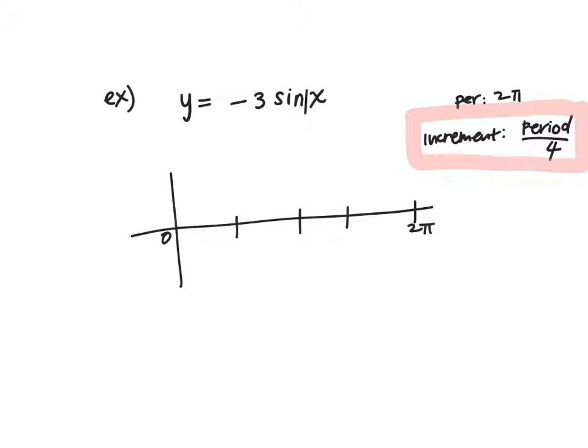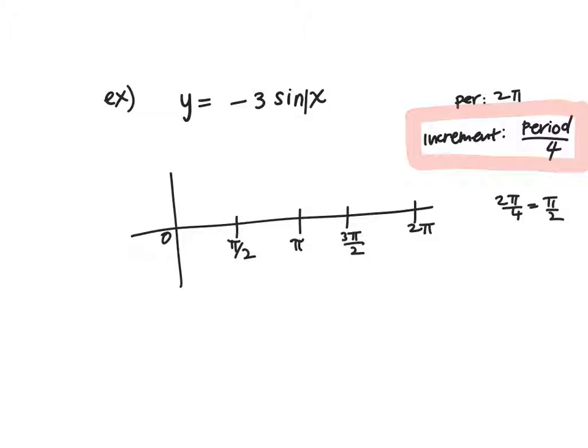In this case, it's just 2 pi divided by 4, which is pi over 2. So I'm going to have 0, pi over 2, plus pi over 2 is pi, or 2 pi over 2, and then I get 3 pi over 2 and 2 pi. Basically the quadrantal angles of a unit circle going in the positive direction.